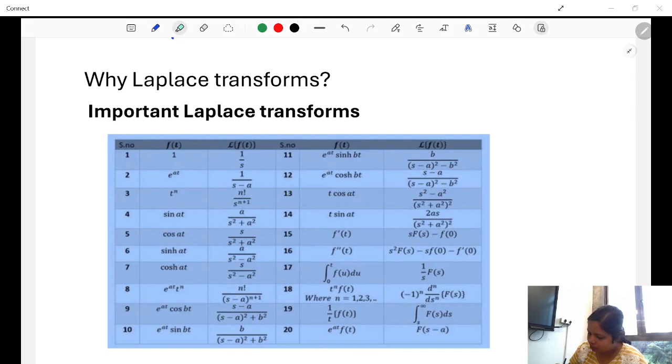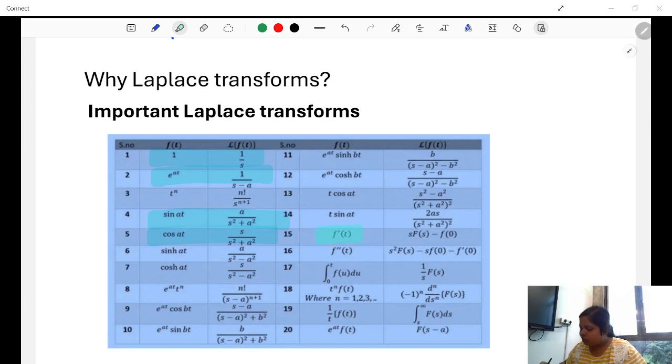this unit step response. 1 upon s is the Laplace transform for this. e to the power at is the one. Sine at, cos at, we'll be using them all the time. So please, for your information, all of these are very important.